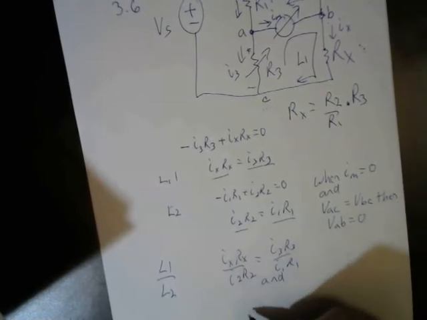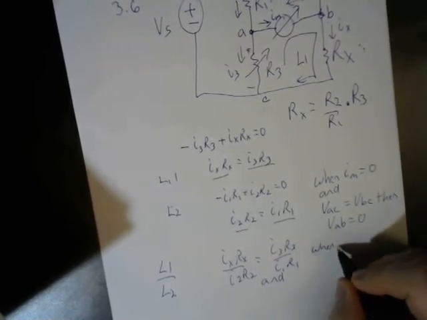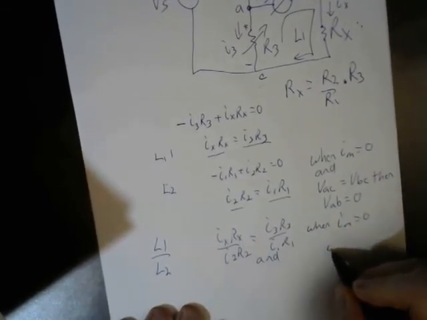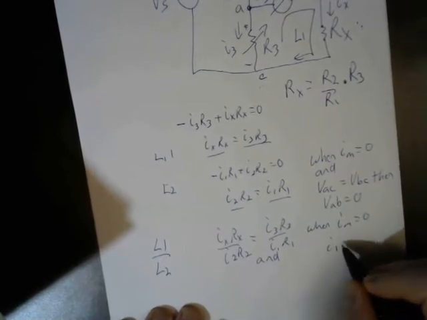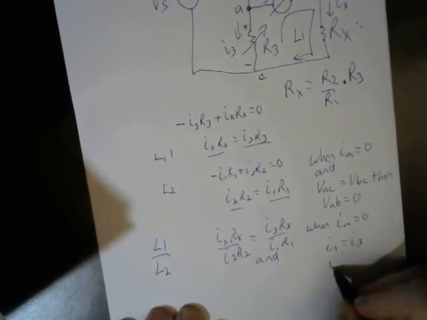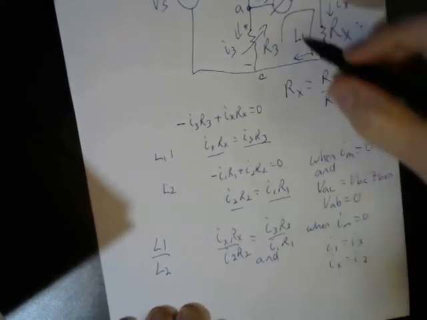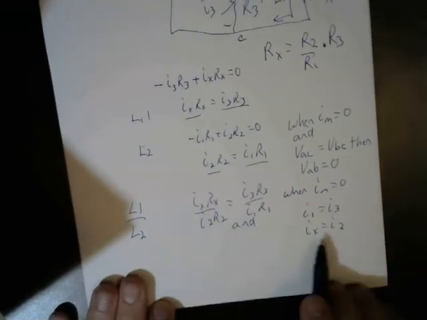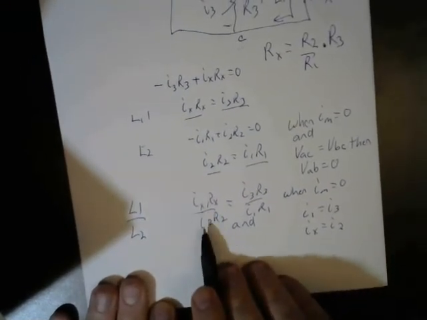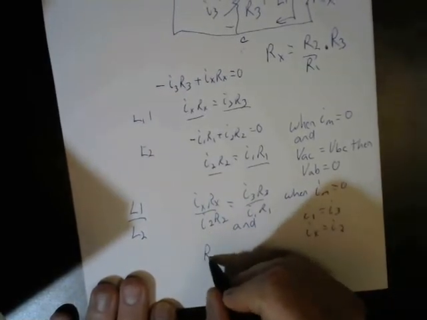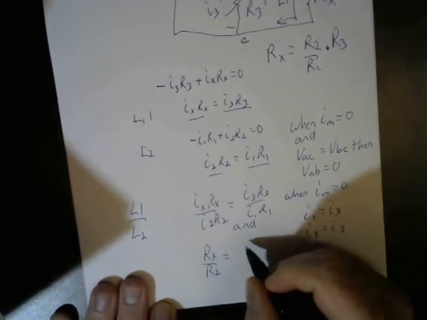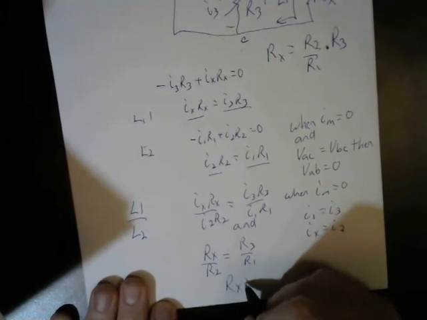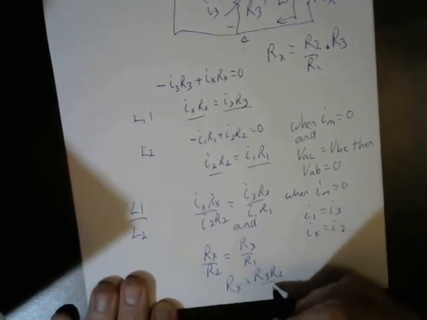This is when Im equals 0, and I1 equals I3, Ix equals I2. When this is 0, this current goes straight through here. And since Ix equals I2, I can divide out Ix over I2. And so I end up with Rx over R2 equals R3 over R1. Rx equals R3 times R2 over R1.